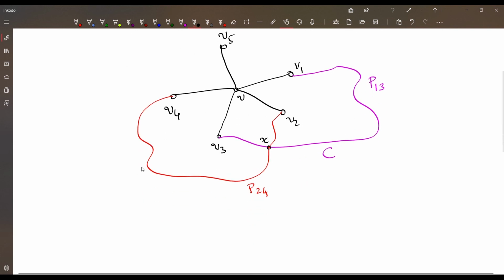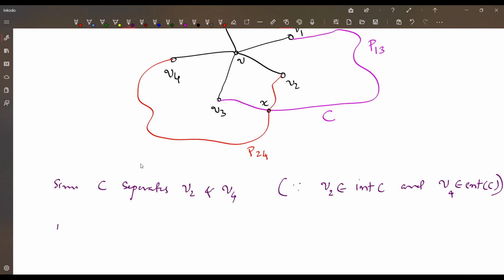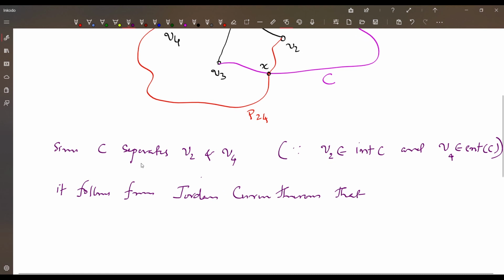Now since C separates V2 and V4, because V2 belongs to the interior of C and V4 belongs to the exterior of C, it follows from the Jordan curve theorem that the path P24 must meet C in some point.